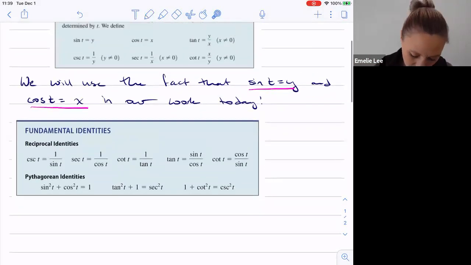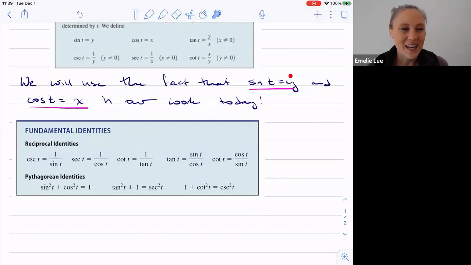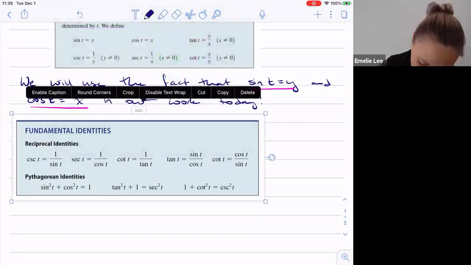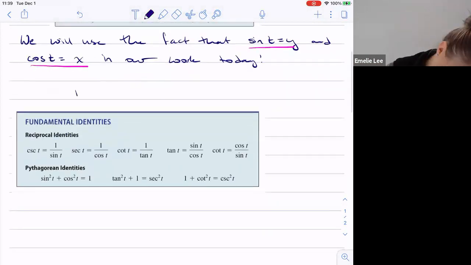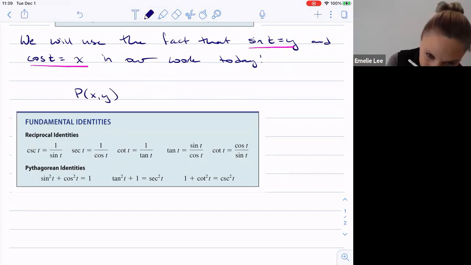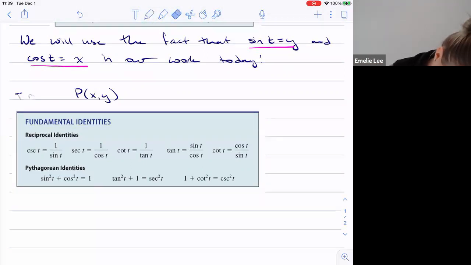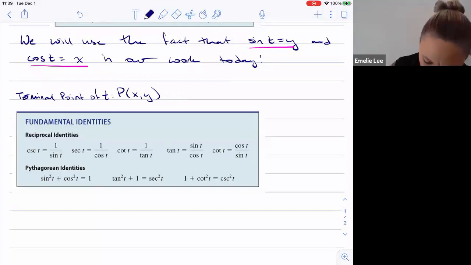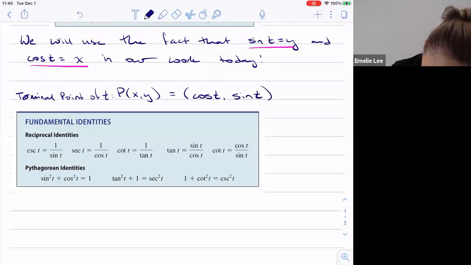Okie dokie. So then if sine t is y and cos t is x, then the terminal point of t, P of x y, is actually going to be, if x is cos t, then y is sine t.